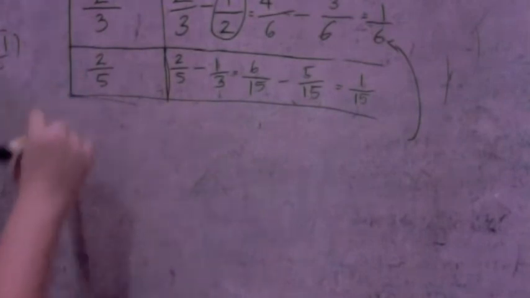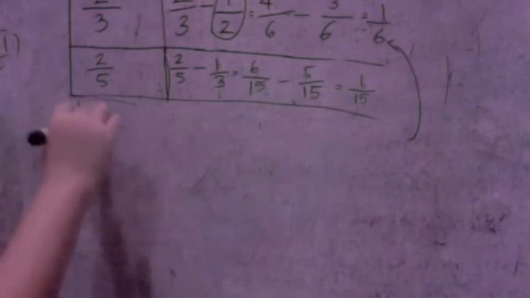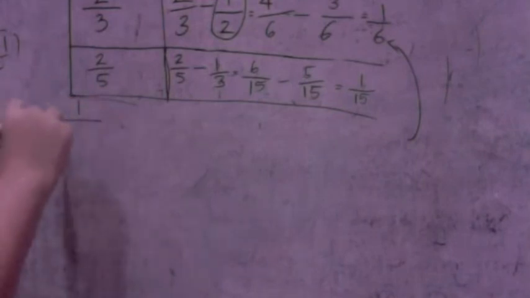So I'm going to try out with 2 over 5 so you guys can understand. So I'm going to start here. I'm going to write the pattern here.